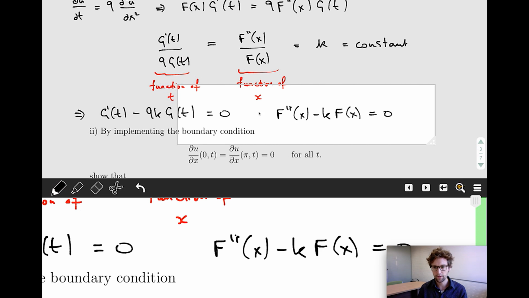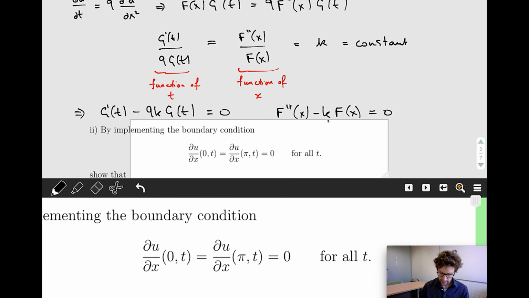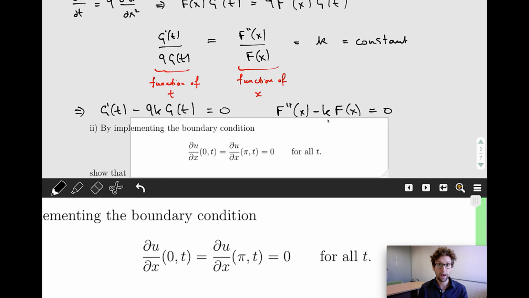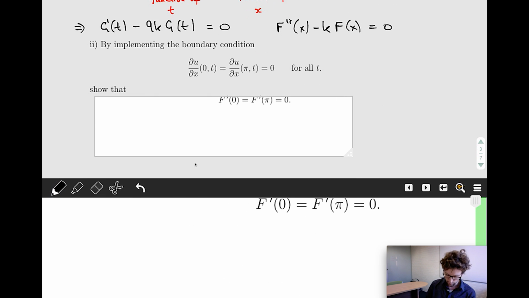Now we need to solve for f of x, and we're going to have to do that by looking at different values of k. But first of all, we're going to have to find the boundary conditions for f of x. And remember, in this case, we're looking at the adiabatic boundary conditions, or the insulated endpoints, which is a boundary condition on the derivative of u. So let's look at what that would become.